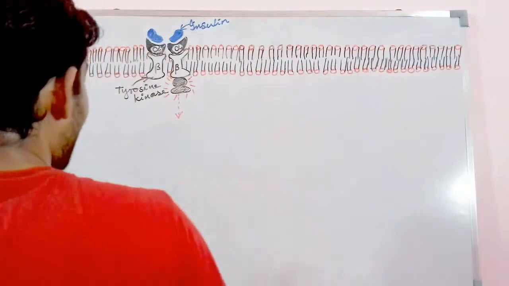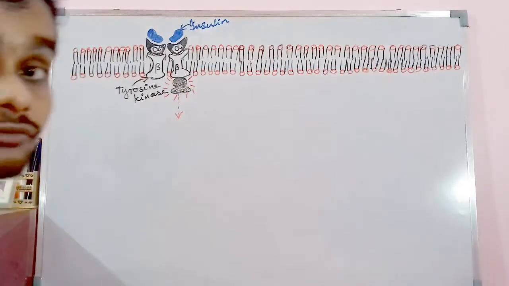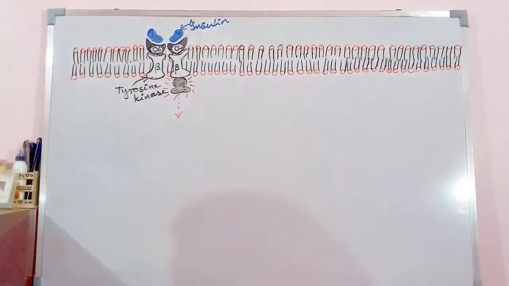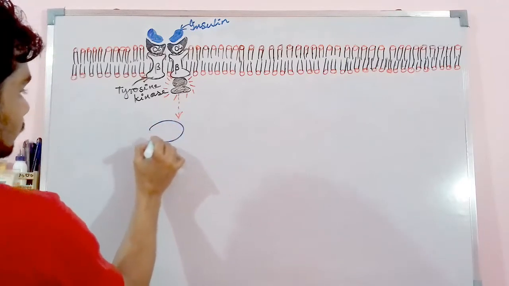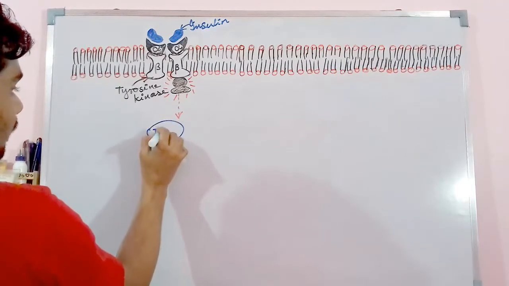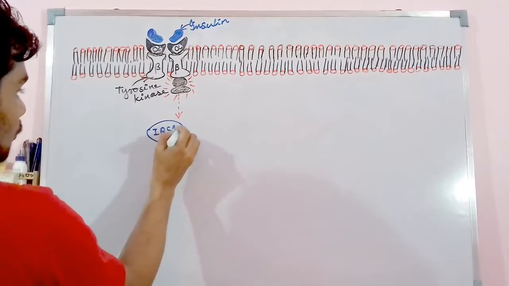Now this activated beta subunit would activate another molecule called the insulin receptor substrate molecule, IRS1.